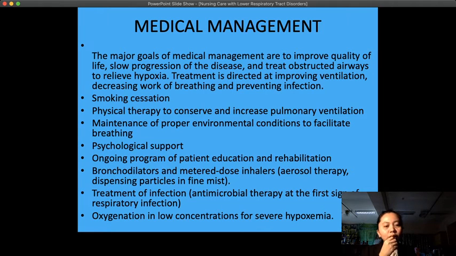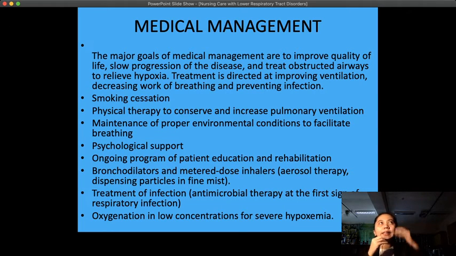So smoking cessation, physical therapy to conserve and increase pulmonary ventilation, maintenance of proper environmental conditions to facilitate breathing, psychological support, ongoing program of patient education and rehabilitation, bronchodilators and metered-dose inhalers like aerosol therapy, dispensing particles in fine mist, and then treatment of infection or the antimicrobial therapy at the first sign of respiratory infection, and then oxygenation in low concentrations for severe hypoxemia.